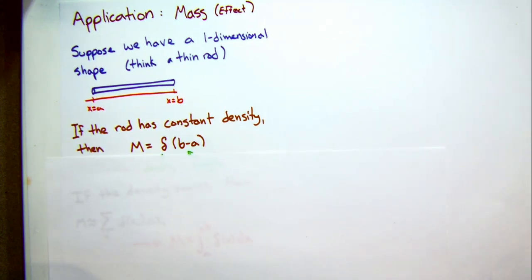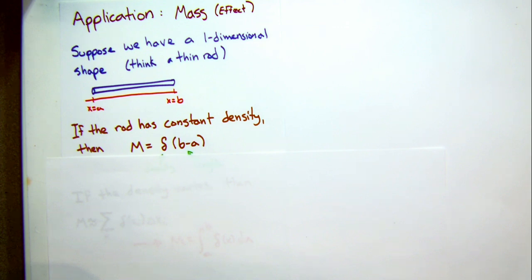And so the question is, suppose we have a one-dimensional shape. And the way you should think of a one-dimensional shape is essentially, look, it's a rod. And you just need to know how far along you are in that rod. So I have this rod going from x equals a to x equals b. And I want to know how much mass is there.